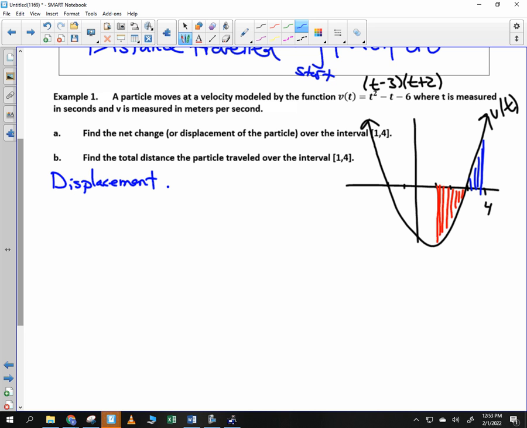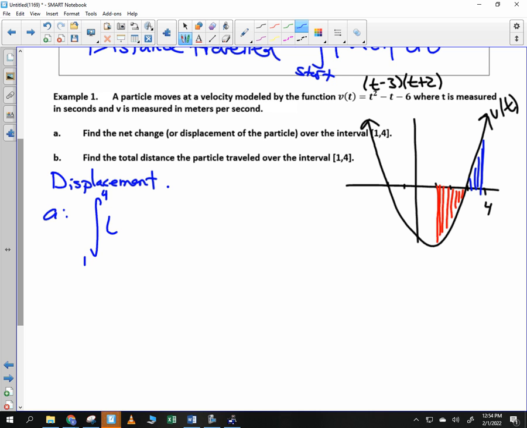The displacement of an object, and you'll see this, this will be for the rest of our math time here. We'll come back to this all the time. Displacement of an object is very simple. It is the integral of the start time. What's the start time? It's 1. The end time is 4. And what do we integrate? We integrate the rate function. Our rate is given to us in form of velocity.